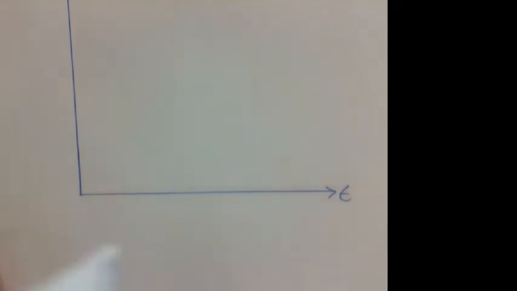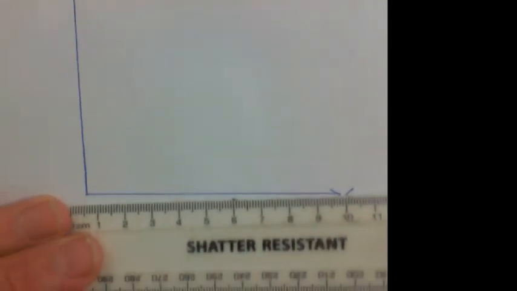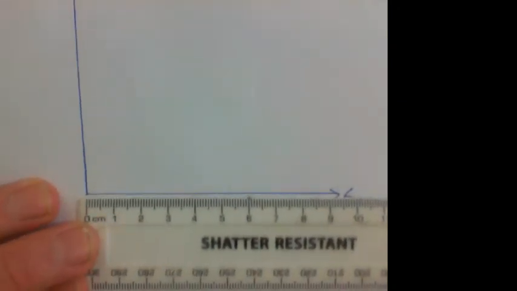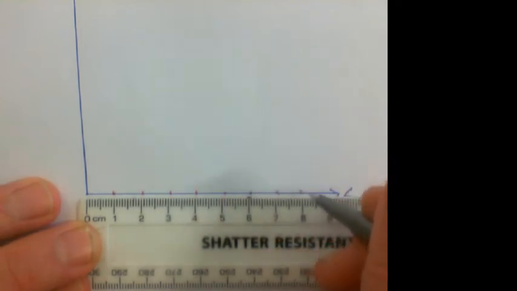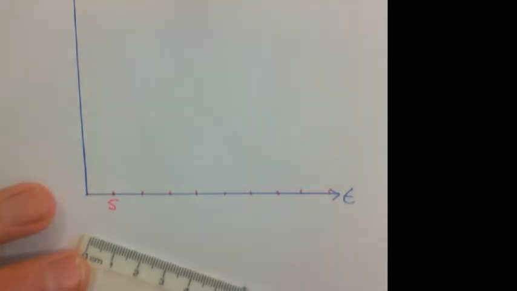So let's describe my journey. It takes me 5 seconds to get started. I'm a bit slow starting. My distance hasn't increased in the first 5 seconds. So if I make each centimetre worth 5 seconds, I don't get started for 5 seconds.